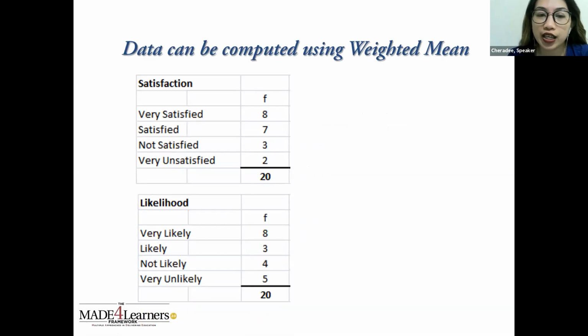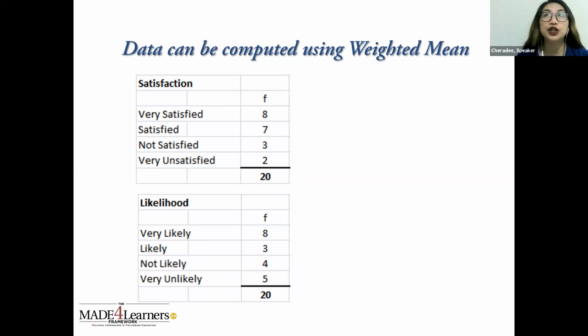I'm not sure in ETEEAP if your scores are based on units, but for college students, the bigger the units, the bigger its contribution to the score. When you want to use an average with categories or in clusters. So if your data is clustered, most likely ordinal data, or so long as it's in clusters, you can use weighted average.